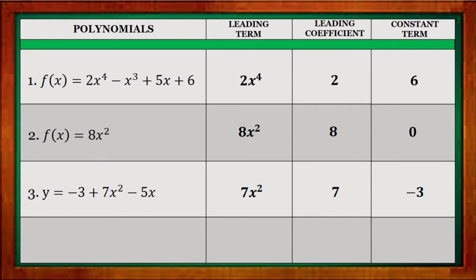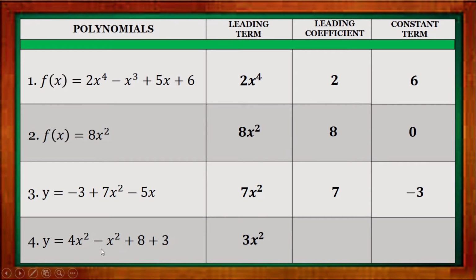So last example we have y equals 4x squared minus x squared plus 8 plus 3. So the leading term here is 3x squared. So sir, bakit po naging 3x squared?